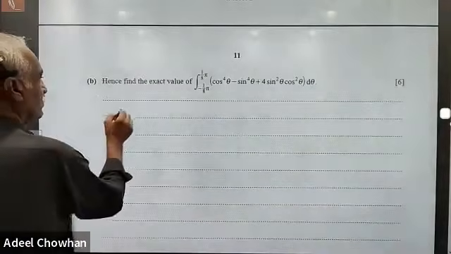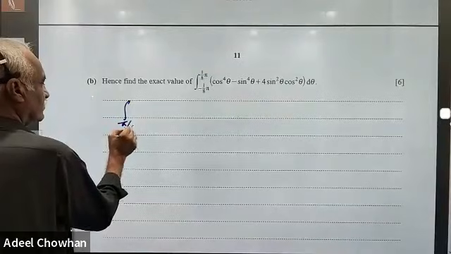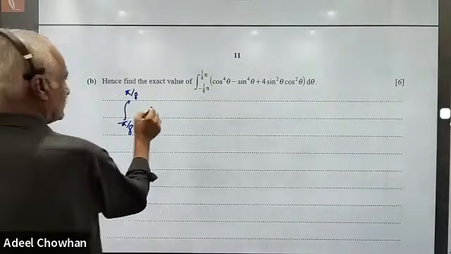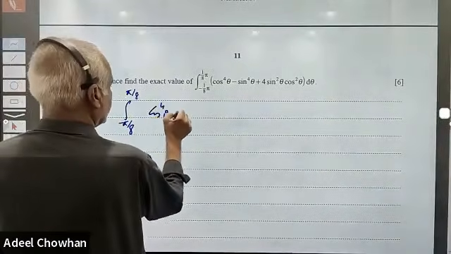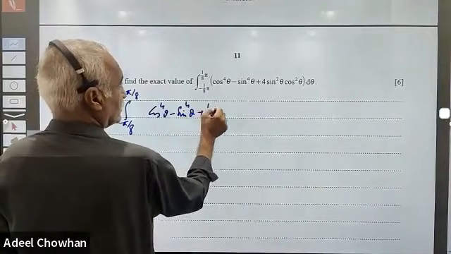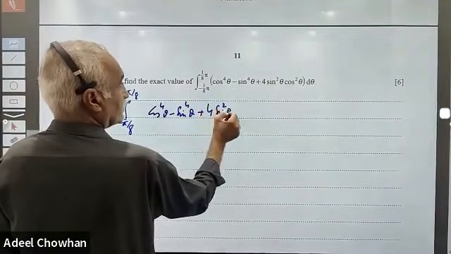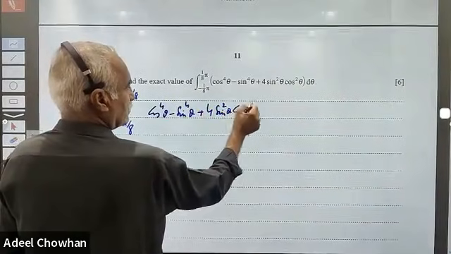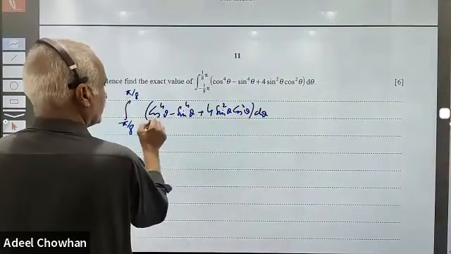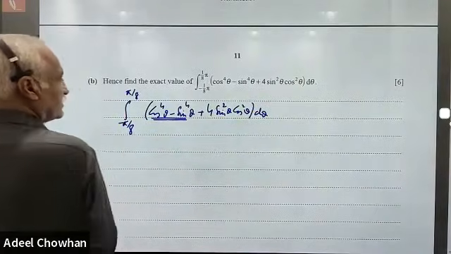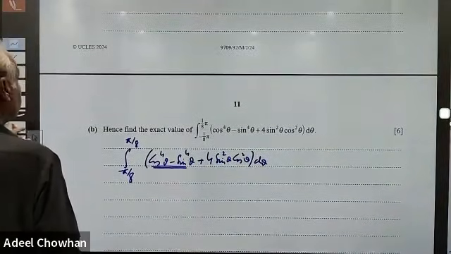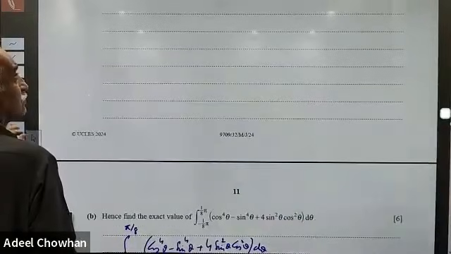So now you are going to integrate from minus pi by 8 to plus pi by 8 cos of 4 theta minus sine of 4 theta plus 4 sine square theta into cos square theta d theta. But we know that cos 4 theta minus sine 4 theta, we have proved it equal to cos 2 theta.